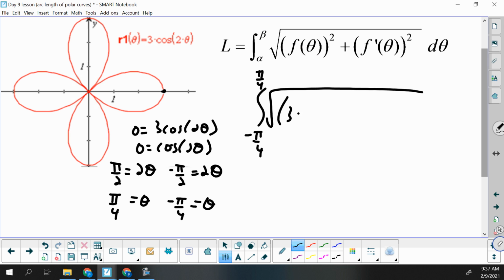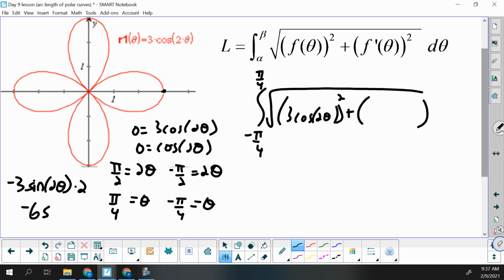So we're going to have 3 cos 2 theta squared for our r squared. So for the derivative of our radius, I'm going to write it over here first. We'll have negative 3 sine of 2 theta, but then by chain rule, we'll have times 2.